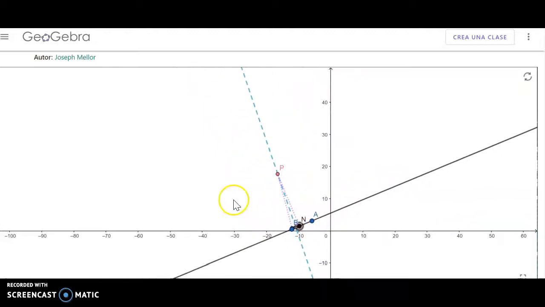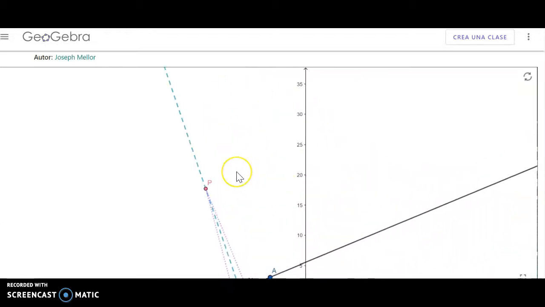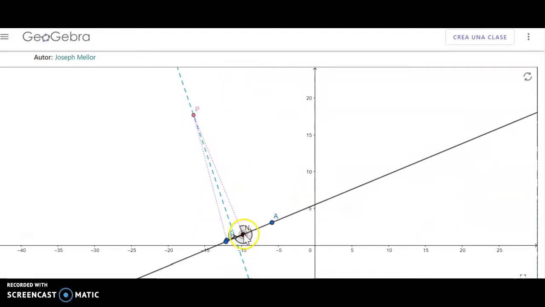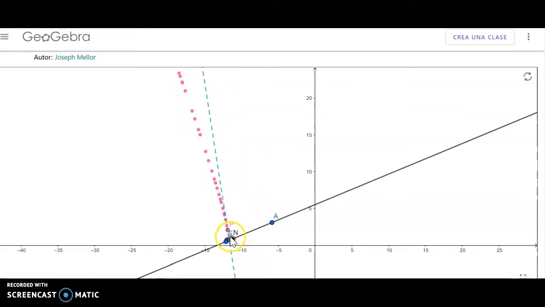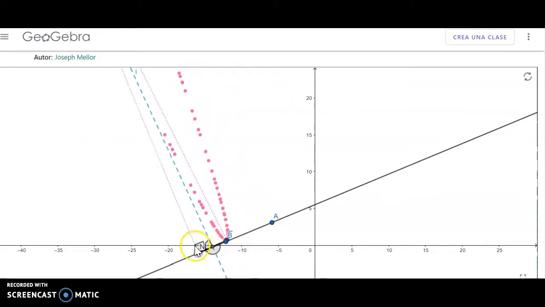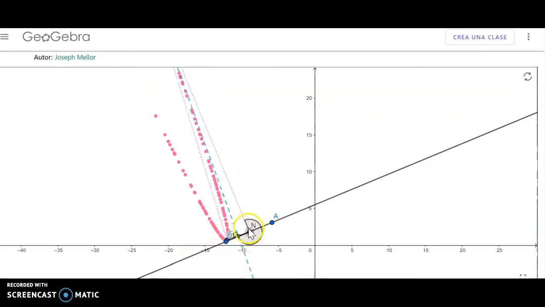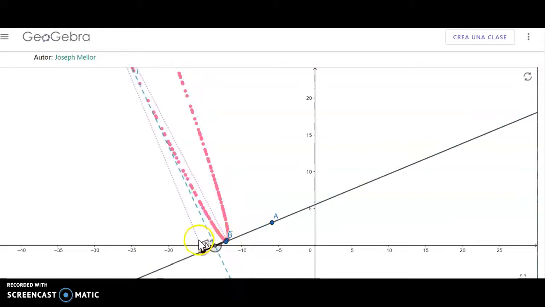As you can see, let's zoom in more. Still a parabola shape.